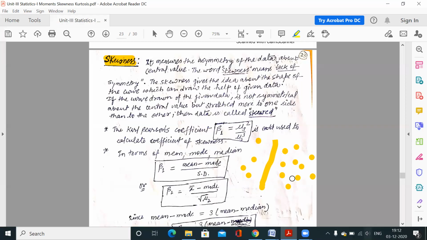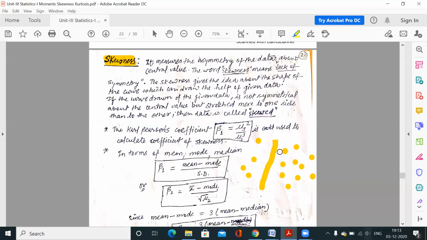Suppose on the right hand side we have more data points as compared to the left hand side, meaning there are more points whose values are more than this central value, or we can say we have fewer points whose values are less than this central value. So we say that on one side the concentration of data points is higher. So we say this is not symmetrical data. This is not a symmetrical distribution.